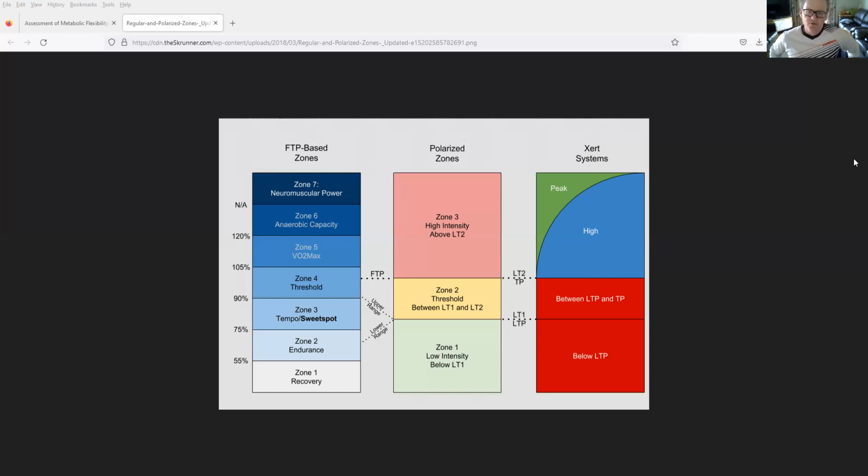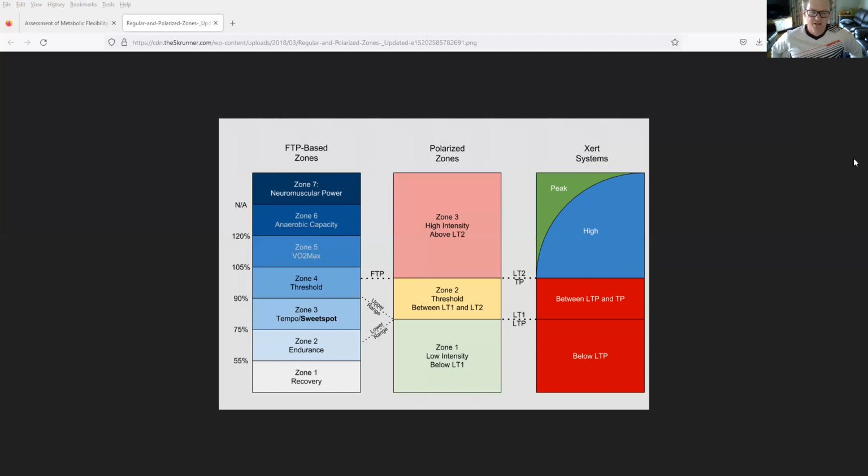So if we look at the middle column, we will see our polarized training zones. Now, by this stage in proceedings, we've probably all heard about polarized training in at least some capacity. Some of us are writing theses about it. So zone 1, if we look at the bottom of the middle chart, is our low intensity training zone.